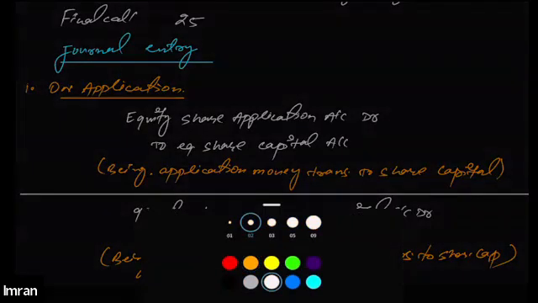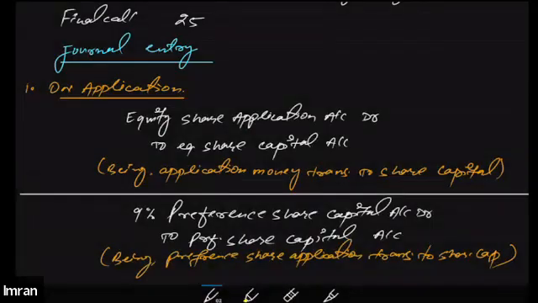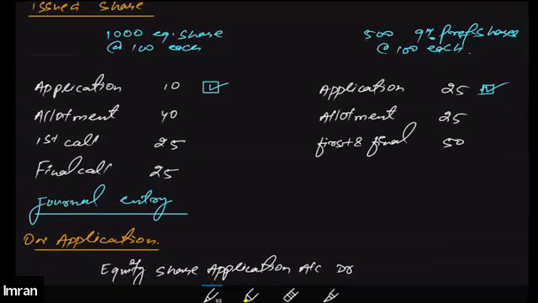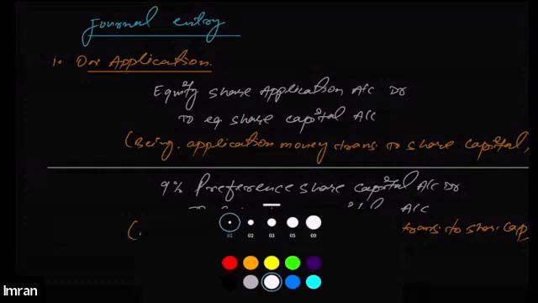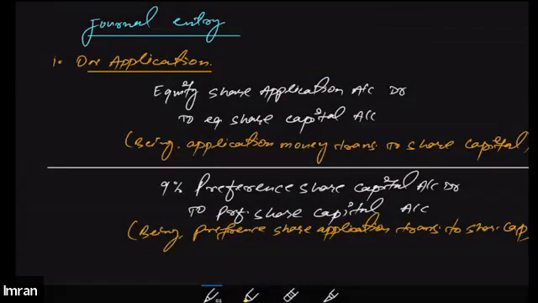And we will write down the amount on equity share application. How much have we received on application? We received 10 rupees on application. So the amount will be, against 5,000 shares issued, we received 10 rupees each.